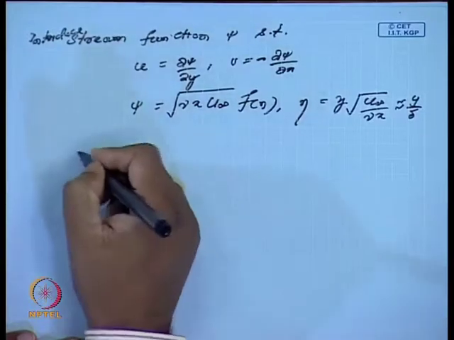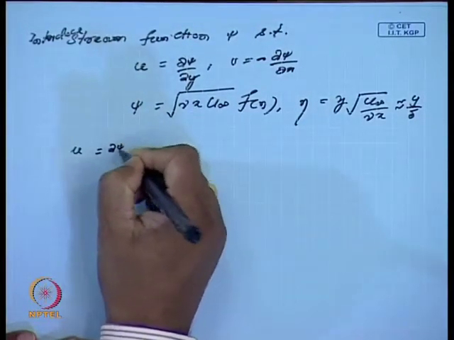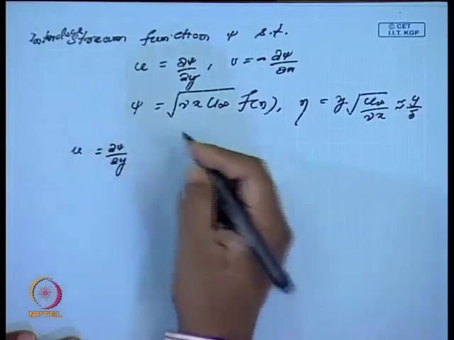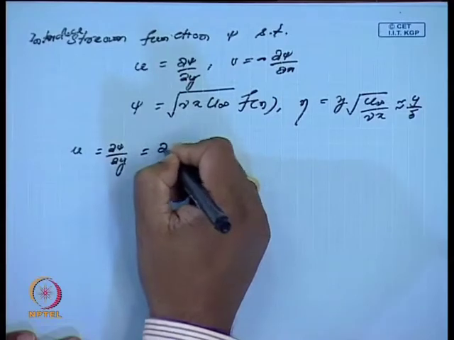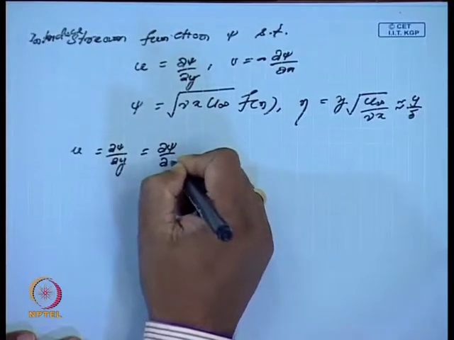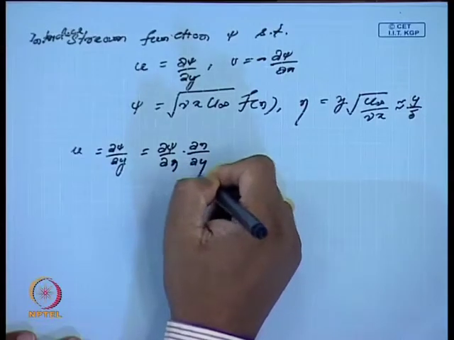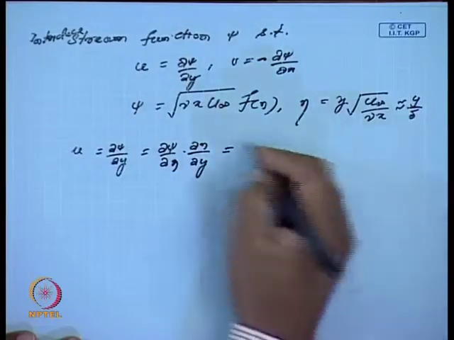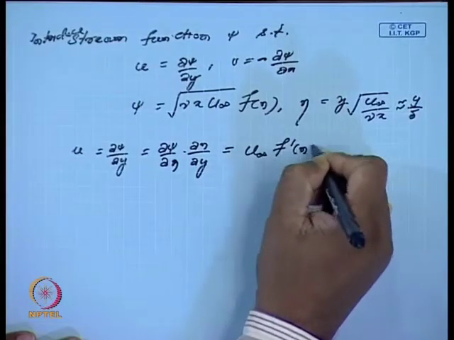So, if we take u, that is nothing but del psi by del y, which we can write as del psi by del eta into del eta by del y, and this can be easily checked to be u infinity f dash eta.